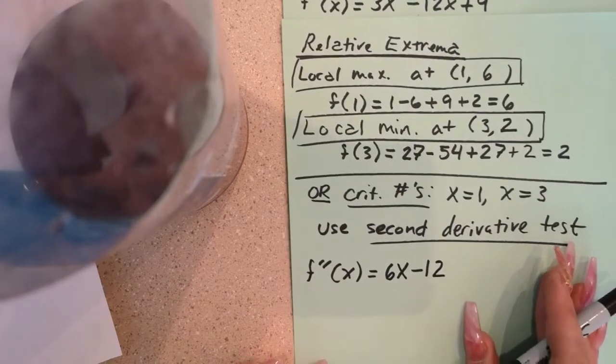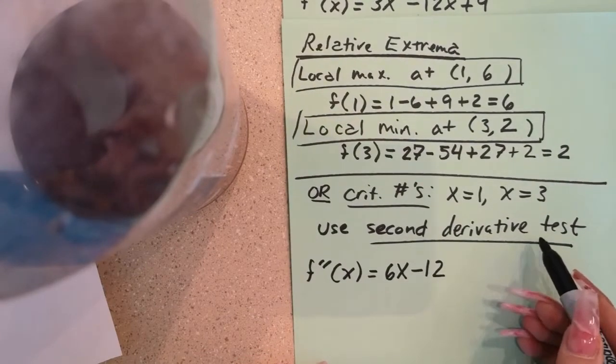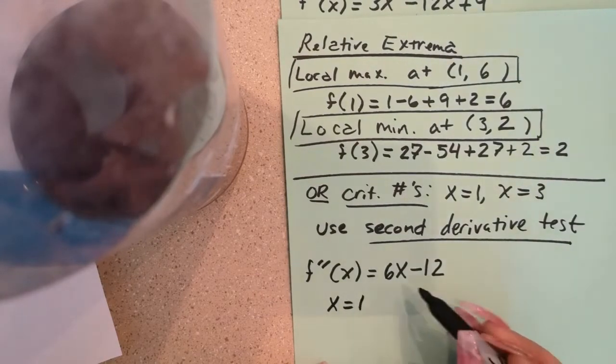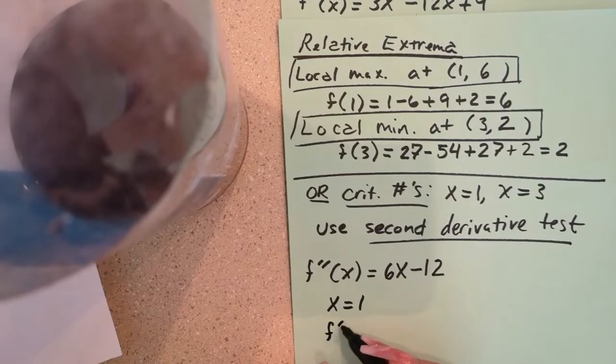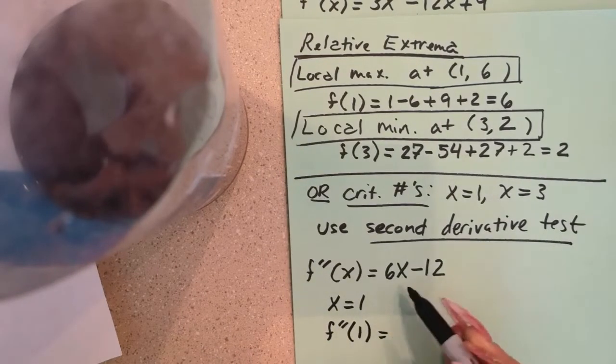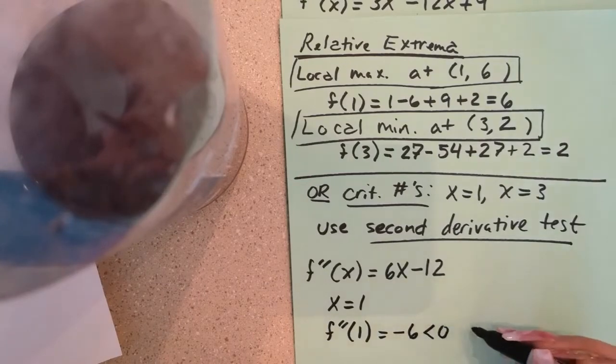So then as far as my second derivative test goes, what I'm doing there, remember, is I'm taking one of these critical numbers. So say x equals 1. And I'm saying, if I plug x equals 1 in here, let's see, what do I get? I get a -6. That's less than 0.